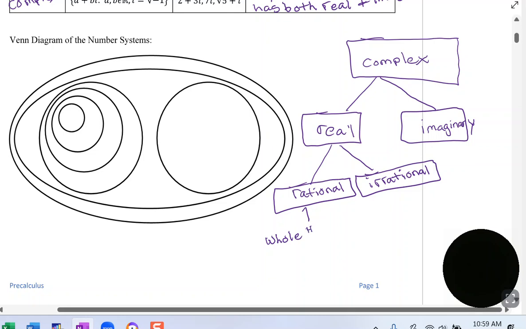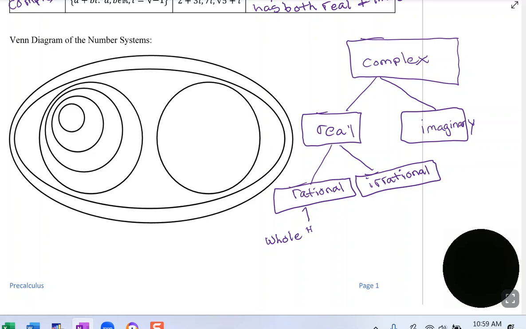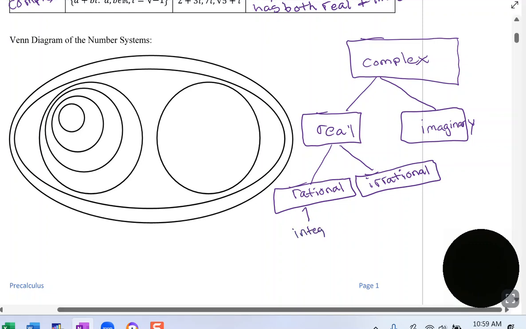Actually, sorry, let me redo that real quick. For rational, you have integers, right? And then integers, you have whole numbers. And then whole numbers, you have natural numbers. And you have 0, right? So that's kind of the chart for the number systems, how they flow.